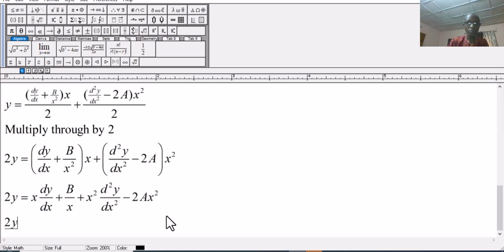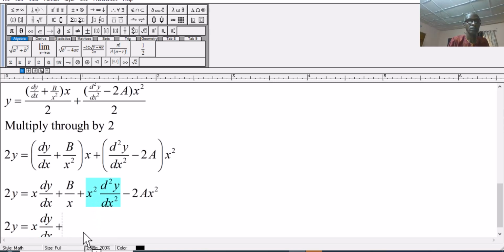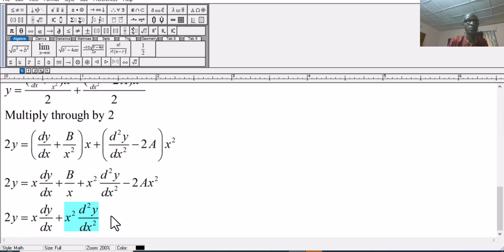So 2y equals to, I'm going to take this here, this here is minus 2ax squared plus b over x.